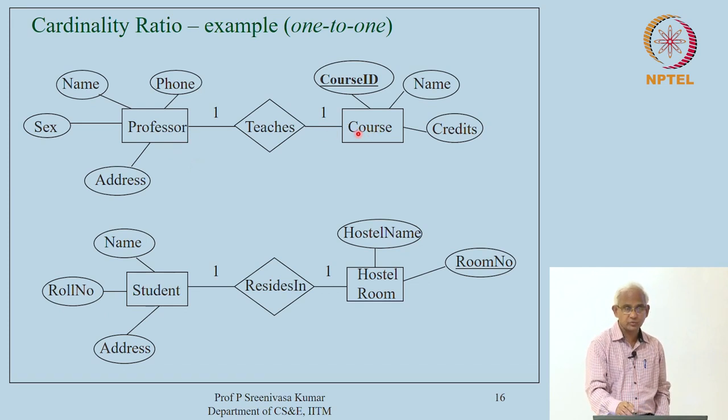So, we will also have to be bothered about the minimums, whether it is associated with at least one professor or not. We cannot allow a free floating course with nobody committing to teach it. We will come to the minimums a little later. That is how some of these relationships will naturally be 1 to 1.